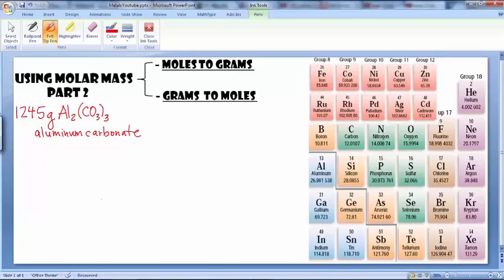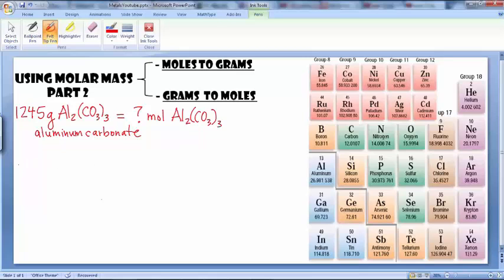Okay, so to get this ionic compound, we have Al3 plus and CO3 with a 2 minus charge. Just a quick review. Now, 1,245 grams of aluminum carbonate equals how many moles of aluminum carbonate?